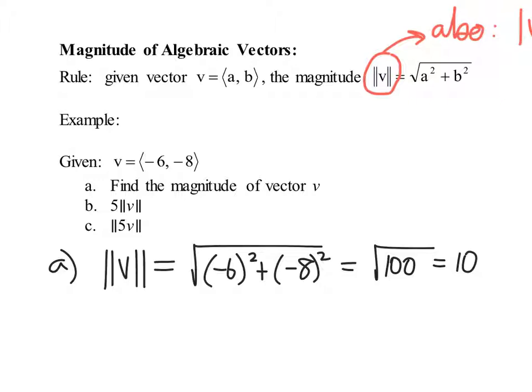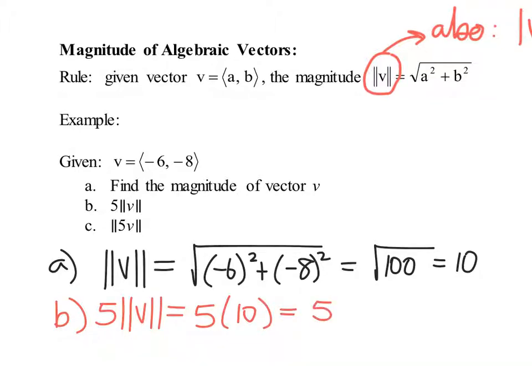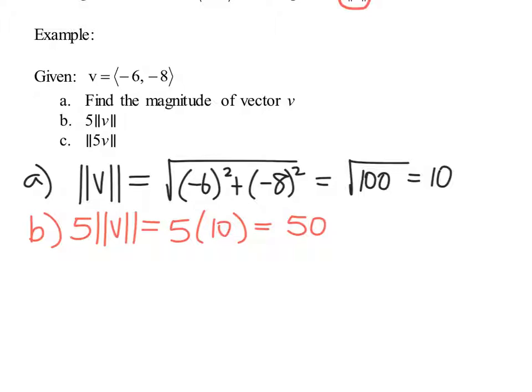So 5 times the magnitude of v, 5 times 10. All right. It's the third one, part C, where we're actually going to discover a relationship. And it's pretty cool. So we're asked to find the magnitude of 5v. Let's figure out what 5v is first. It's a scalar operation.